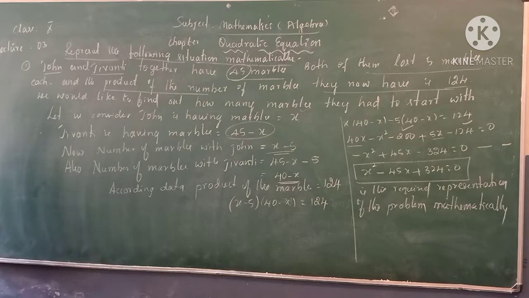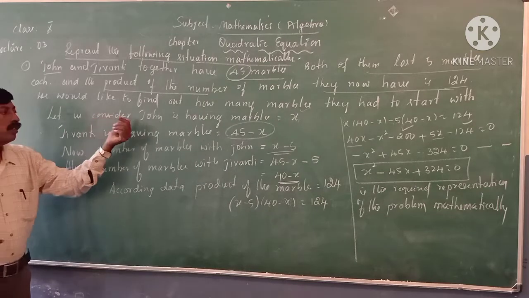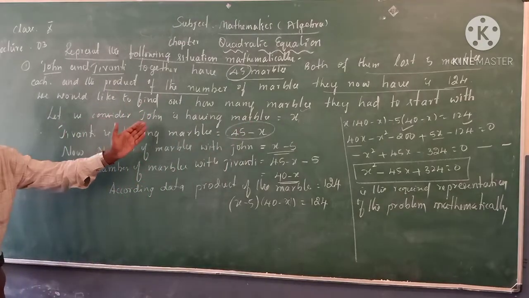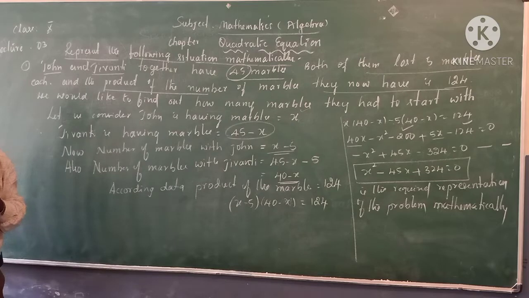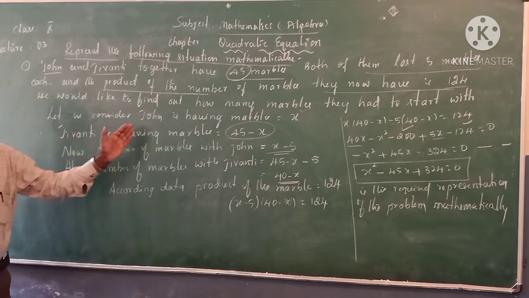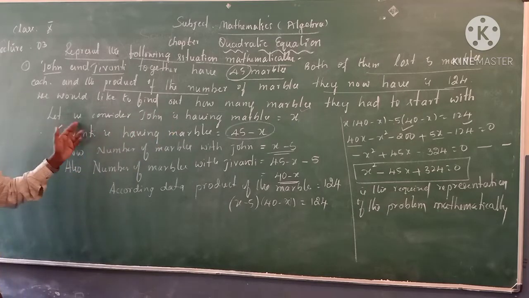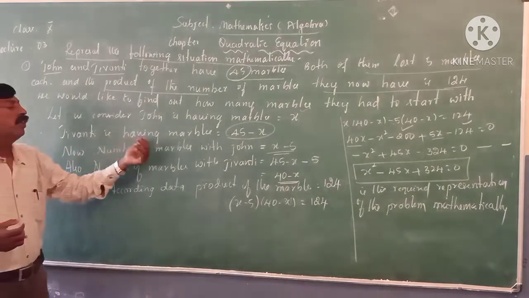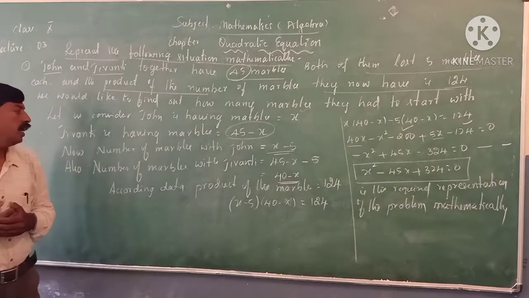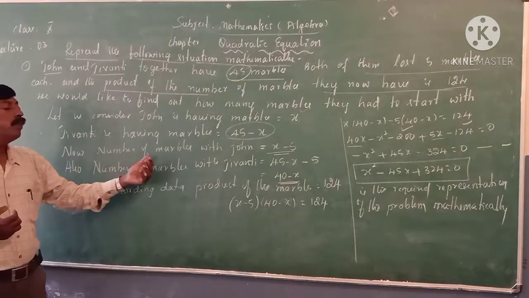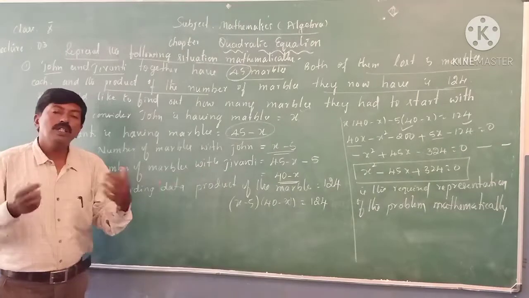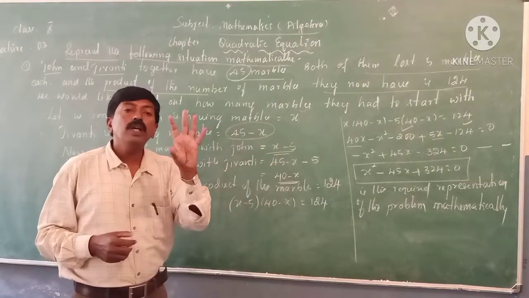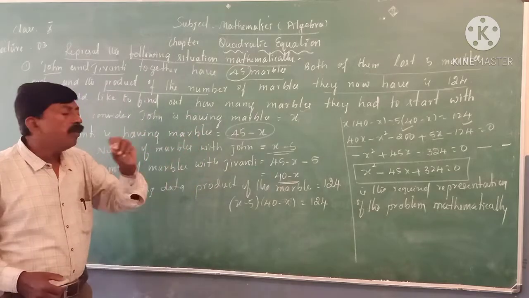Now let us consider the number of marbles with John is x. Jeevan is having 45 minus x marbles. Now the number of marbles left with John is x minus 5, because John lost 5 marbles.